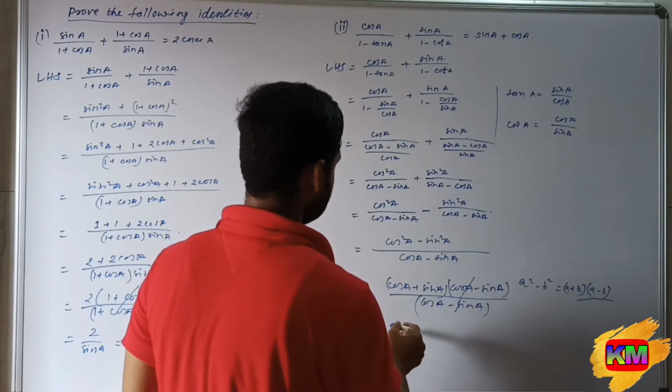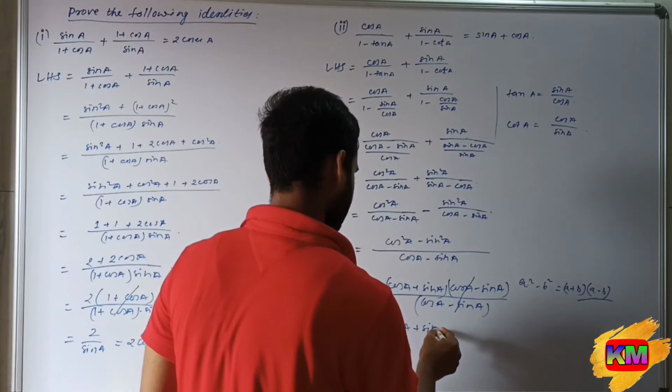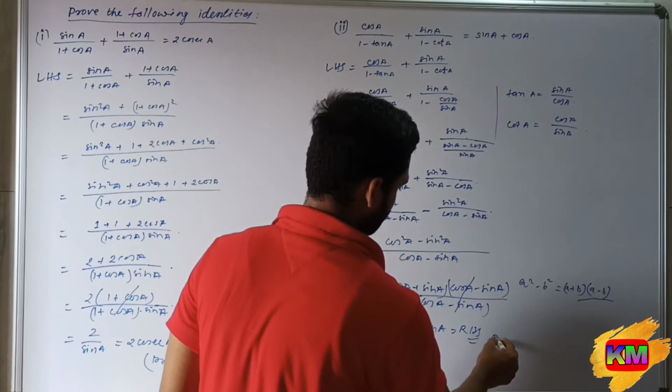So we have cos A plus sin A, which is equal to RHS. It is also proved.